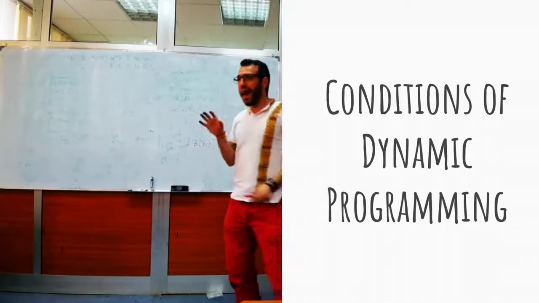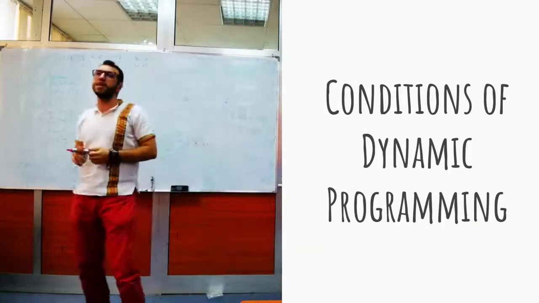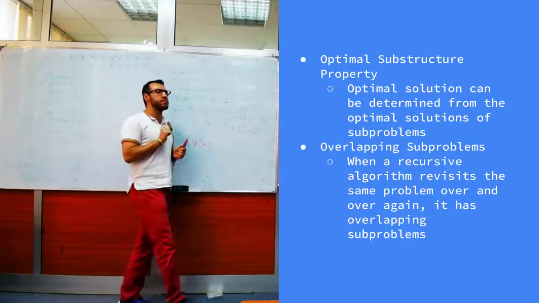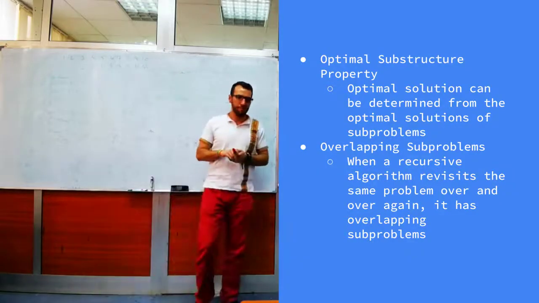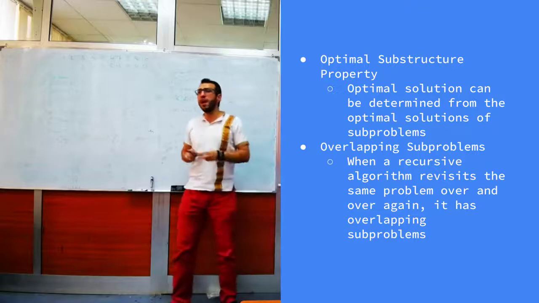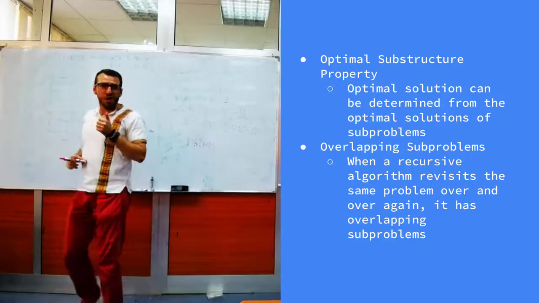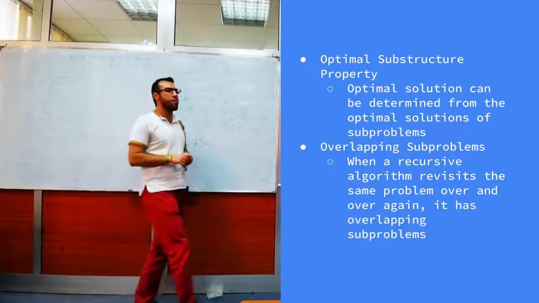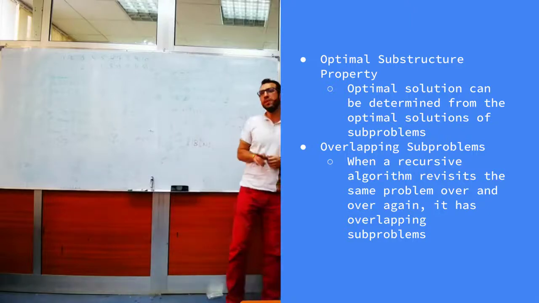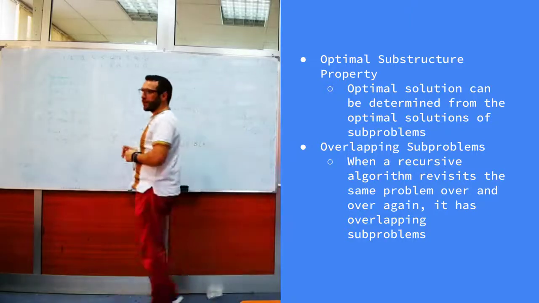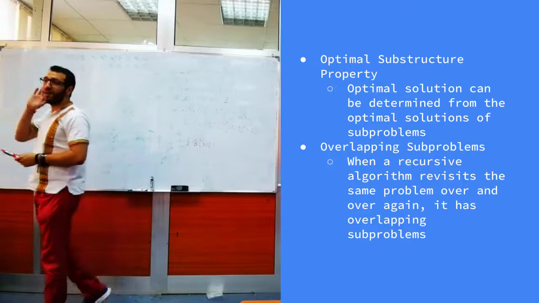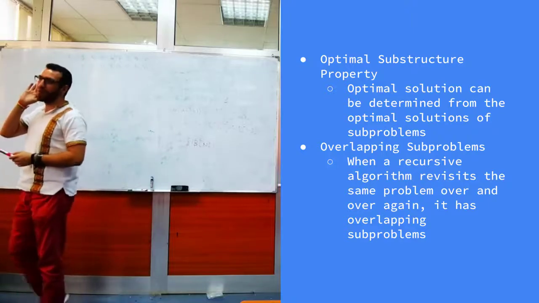So, now let's look at the conditions of dynamic programming. Under what circumstances can we actually apply dynamic programming? We care about two criteria. The first one is optimal substructure property. Do you remember it from anywhere else? From greedy approach, right?